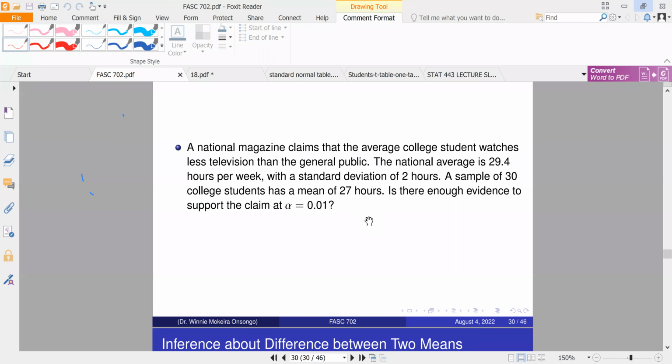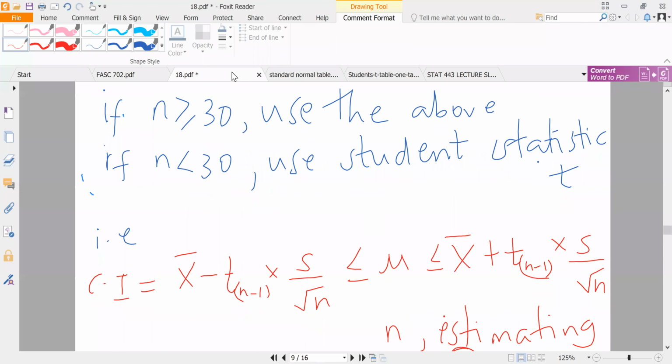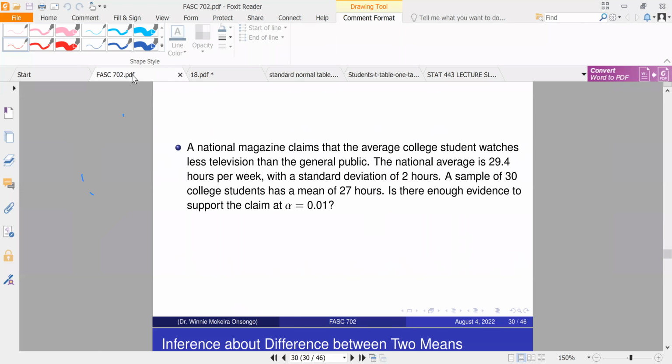Now, let us first of all see how we can calculate the confidence interval using the information that we are given here. We are told that the national average in terms of hours that people take to watch television is 29.4 hours with a standard deviation of 2 hours.